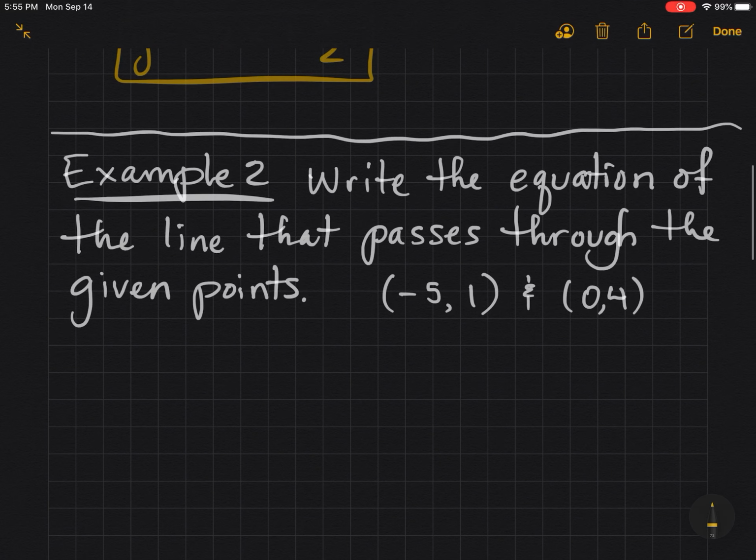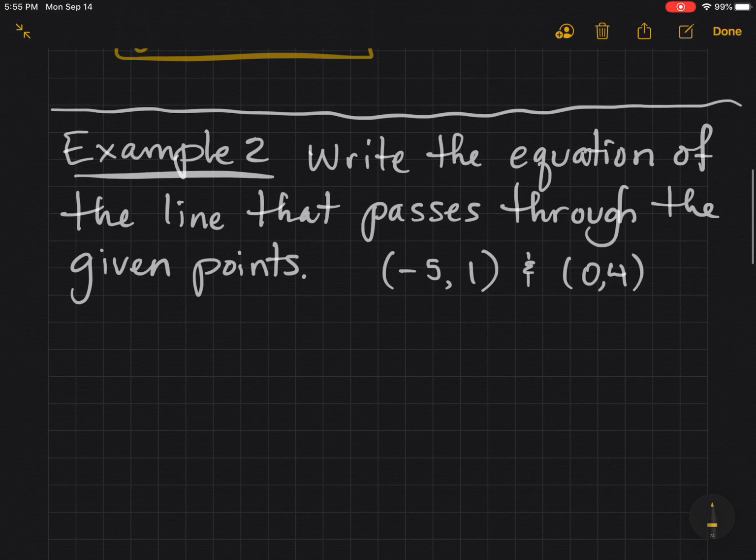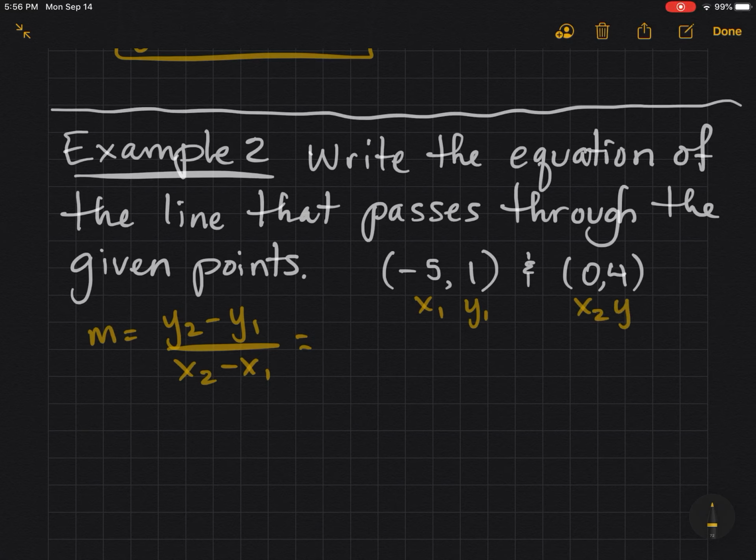Let's look at another example. Write the equation of the line that passes through the given points. Here, we need that equation that I just gave you, y2 minus y1 over x2 minus x1. So now we're looking at this being x1, y1, x2, y2.